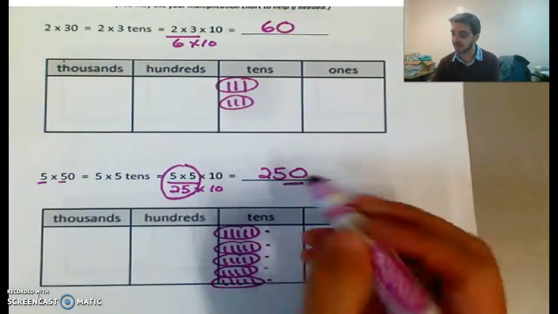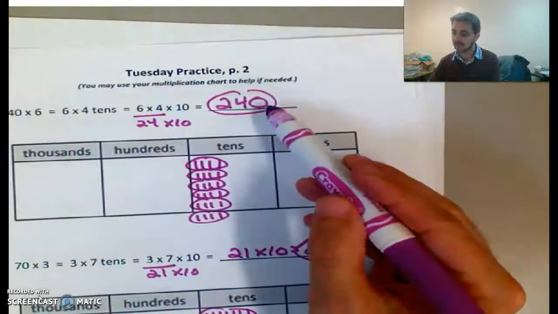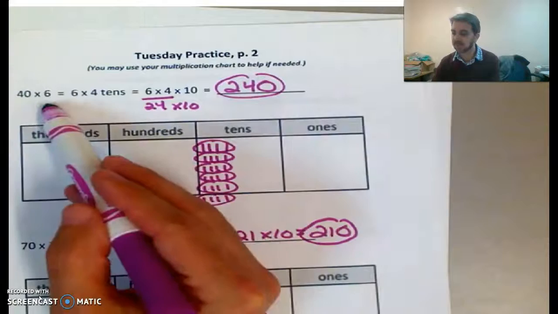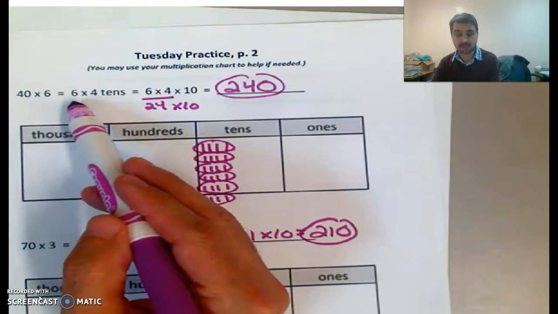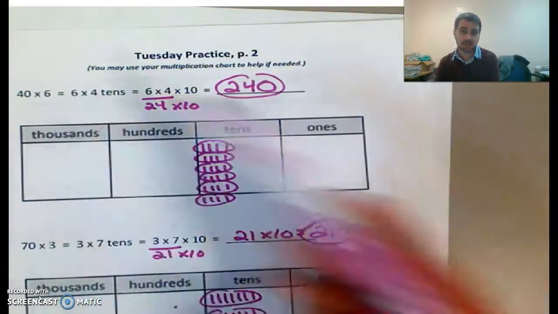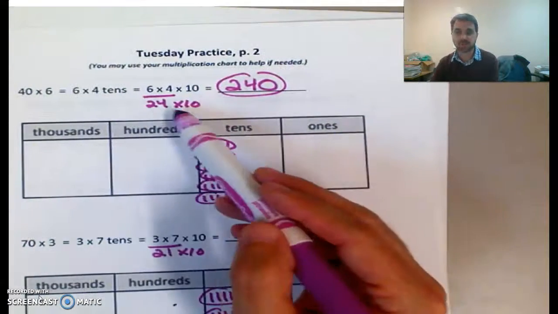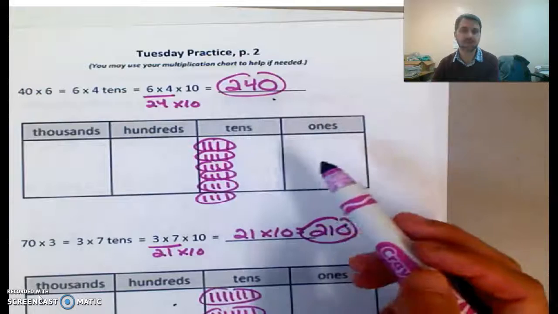Add your 0. On the second page, the answer to the first one was 240. 4 times 6, or 6 times 4, doesn't matter which way you do it. You get 24 tens, which is the same as 24 times 10, so 240.